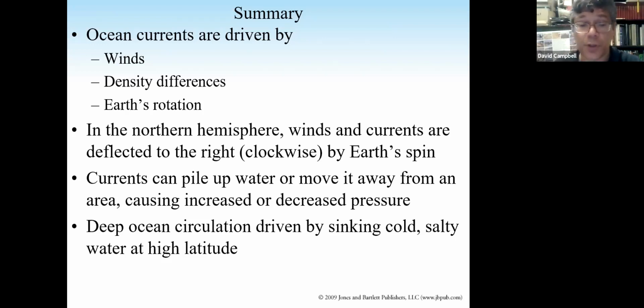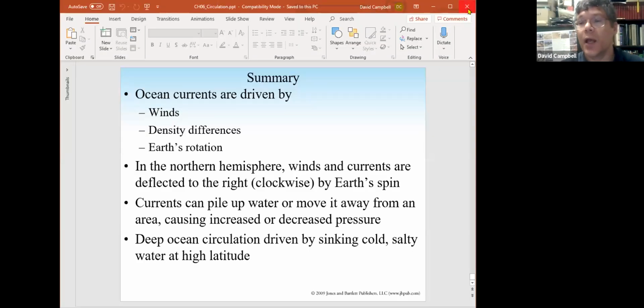In the deep oceans, cold, salty water sinking towards the poles, especially in the far North Atlantic, is the key starting point for that pattern of water movement through the oceans. Okay, so that's a run through on the currents.